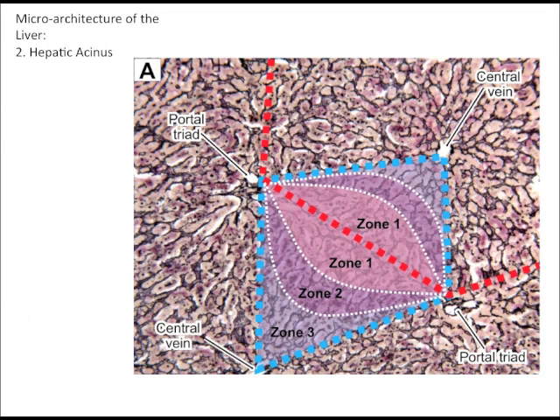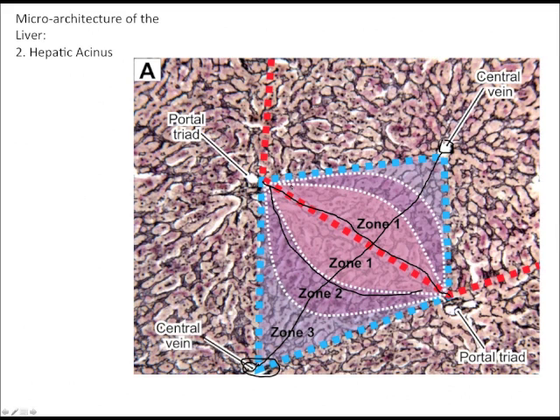So you just typically draw a diamond structure where we see the axis between two portal triads, again where the terminal vessels are found, both the terminal portal vein and the terminal hepatic artery, and the direction of the flow of blood towards two central veins. So we have an axis going in this direction as well.